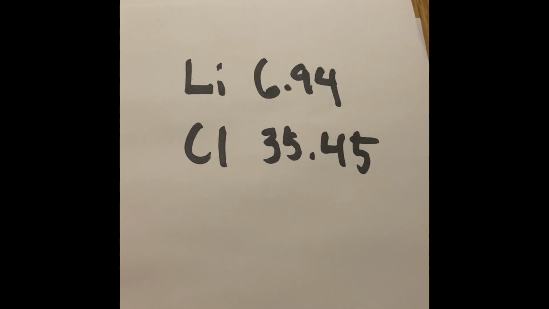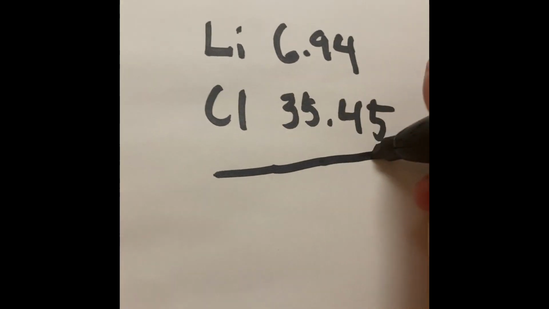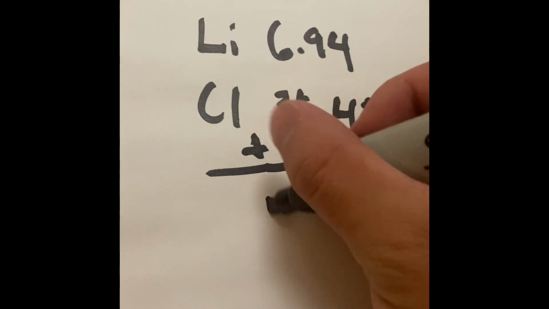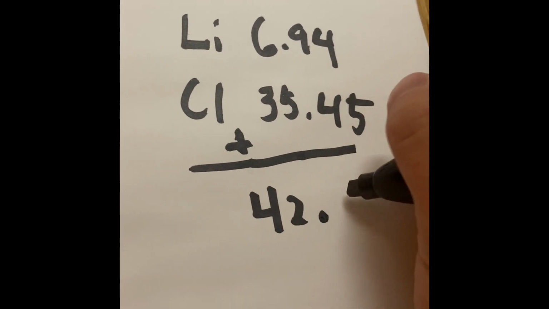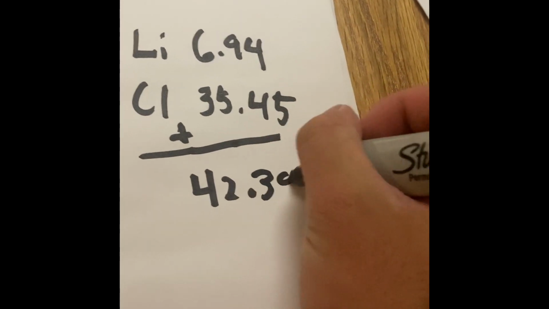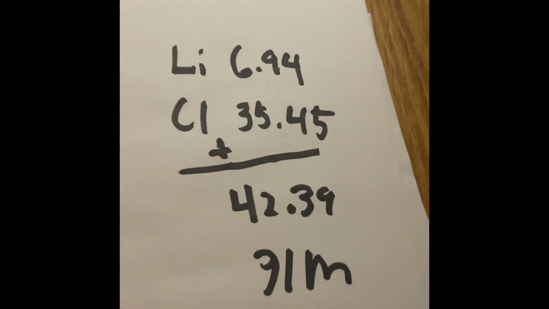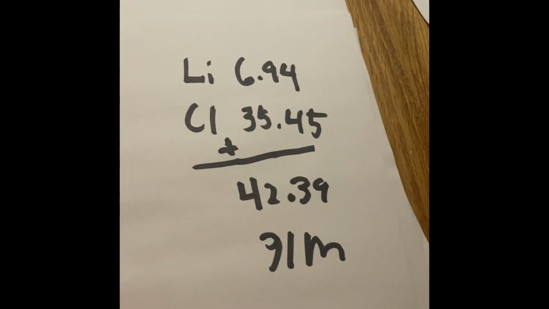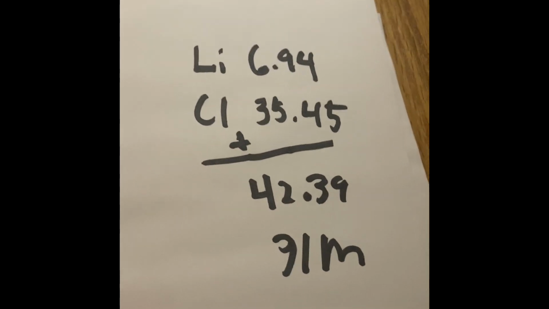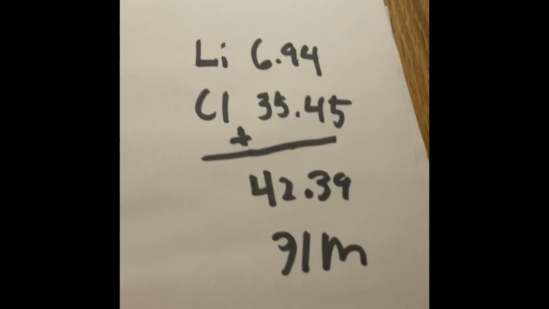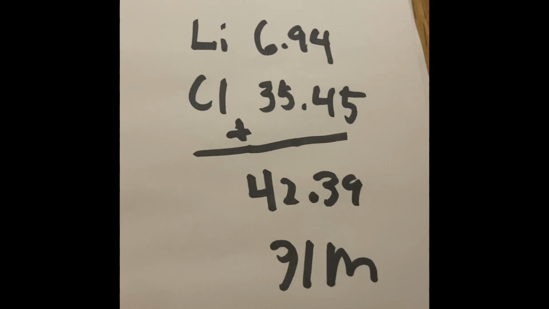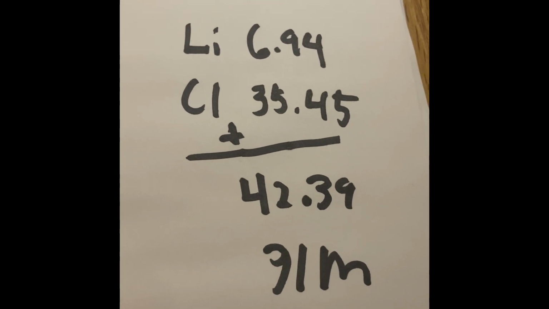Let's add them. When you add them, we get 42.39 grams per mole. So if I had lithium chloride in my hand, and if you had exactly 1 mole, 6.02 times 10 to the 23rd, it would have a mass of 42.39 grams.